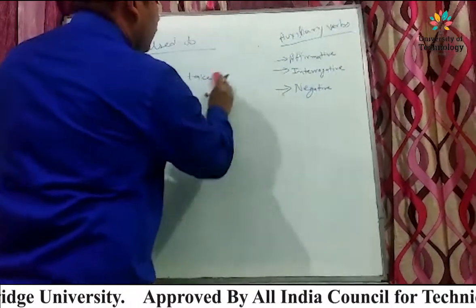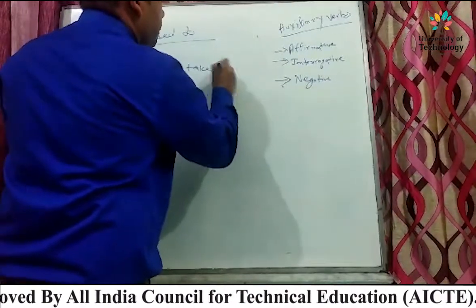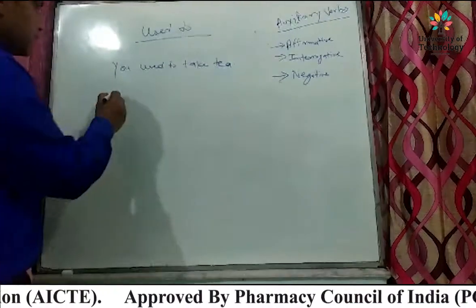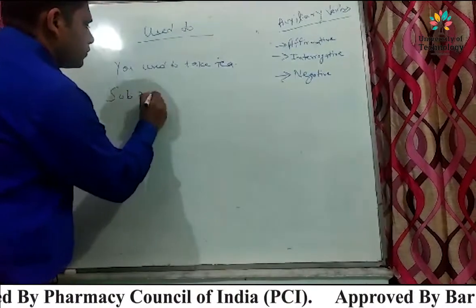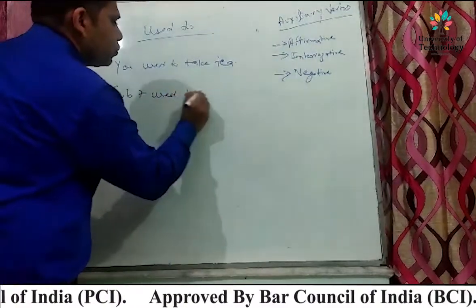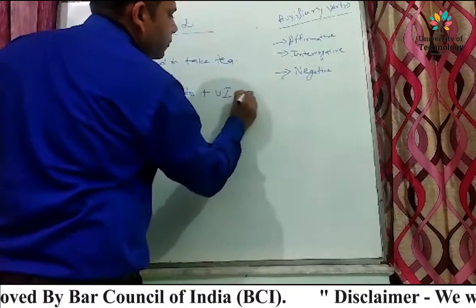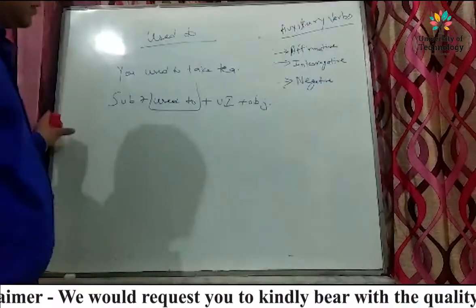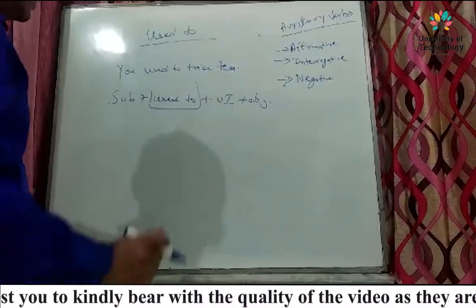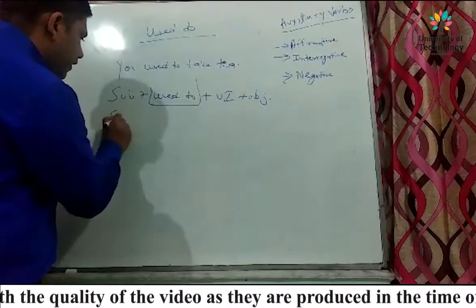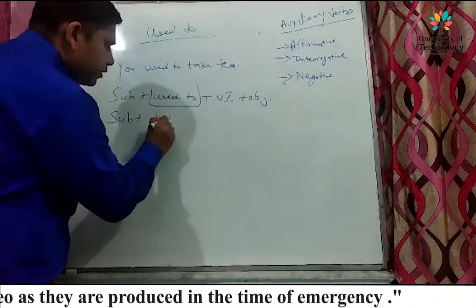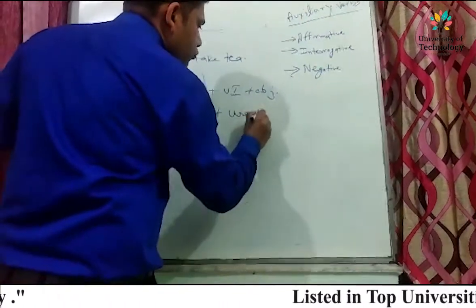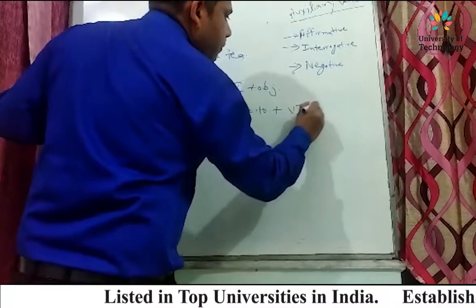If we talk about syntax, subject plus used to plus verb first form plus object. It works as a modal. Next, if we talk about negative, subject plus did not plus used to plus verb first form plus object.